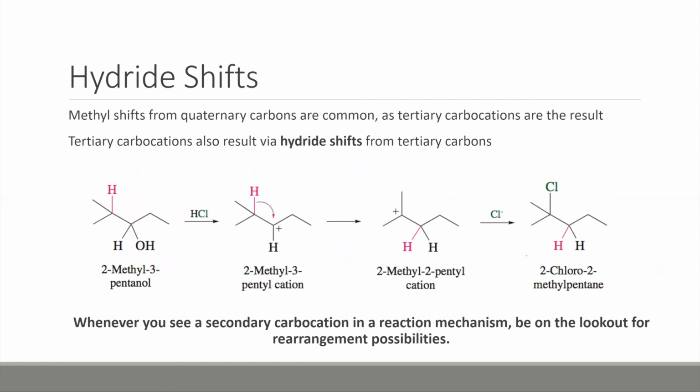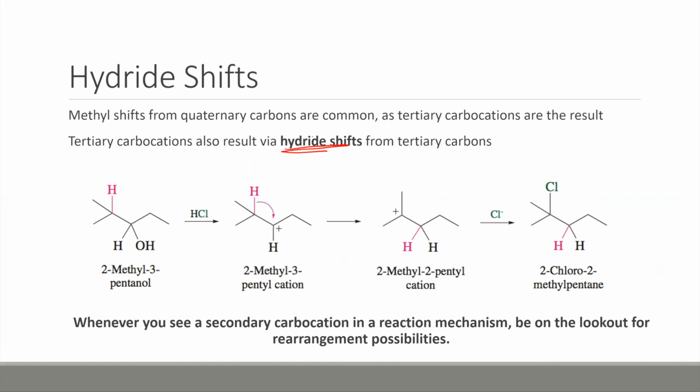Methyl shifts from quaternary carbons are common because they result in tertiary carbocations. But tertiary carbocations also can result via something called a hydride shift. This can occur from tertiary carbons.